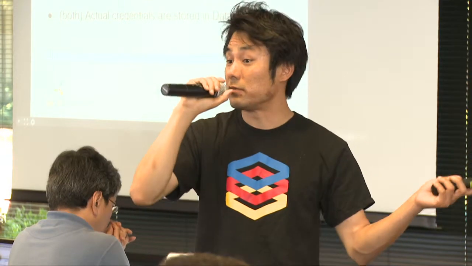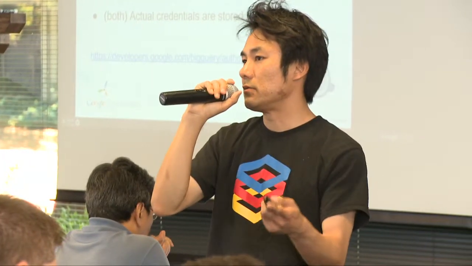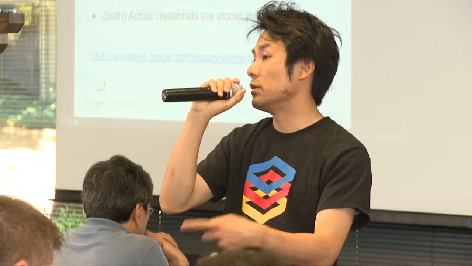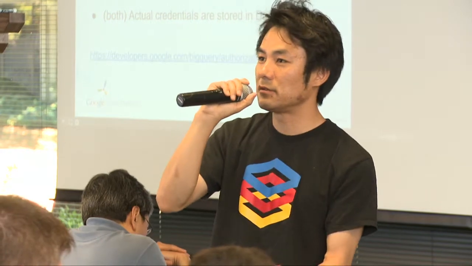The decorator automatically takes care of authentication and authorization. So if this is the first time you access, it redirects to the login screen on Google. And after you type username and password, it asks you if it's okay to access your BigQuery for you.